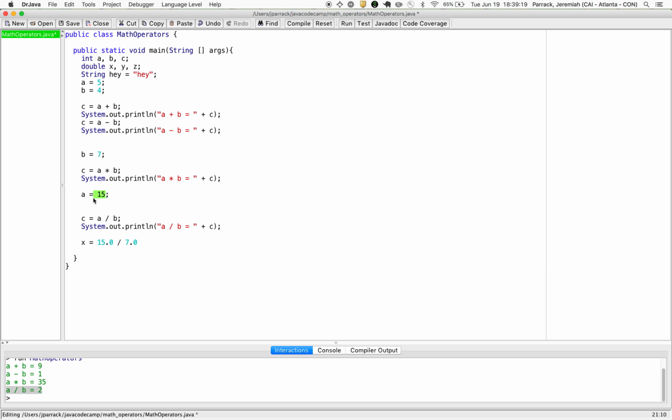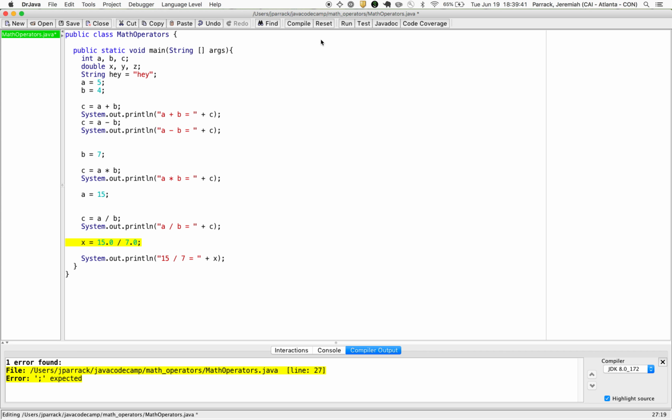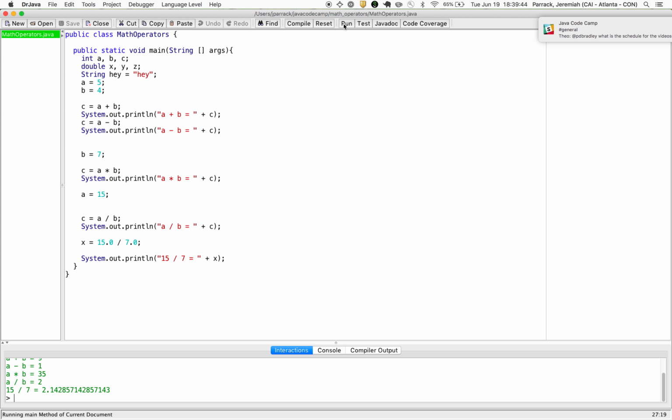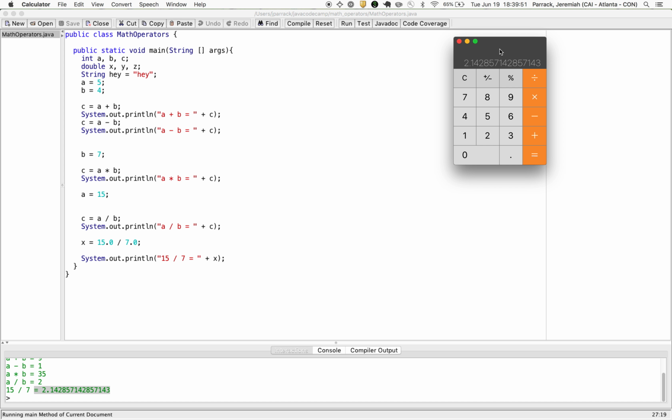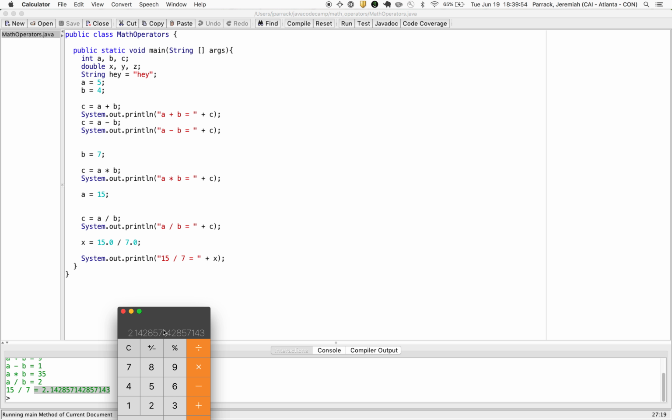And this is A divided by B. All right, so let's say 15 divided by 7 is x. Let's compile this. Oops, I forgot my semicolon. Compile this, run it. Great. We have that exact number right here. Same thing, super.